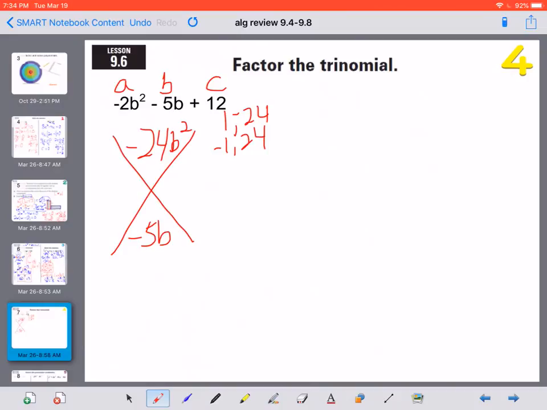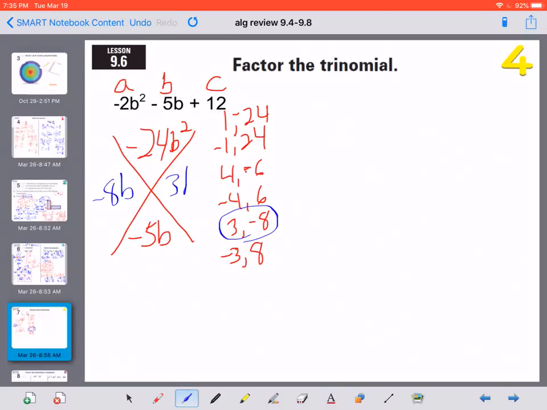We would have 4 and negative 6, and negative 4 and 6. We would have 3 and negative 8, and negative 3 and positive 8. Now I'm going to stop there because I see one that's going to add up to negative 5, and that's this one right here. So we'll have negative 8b and 3b.